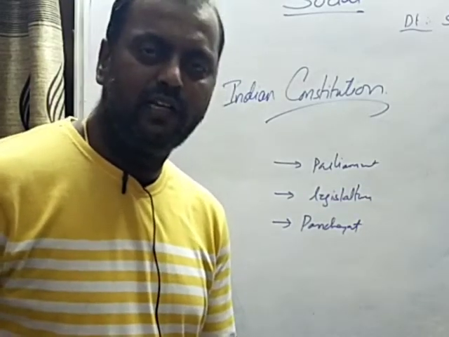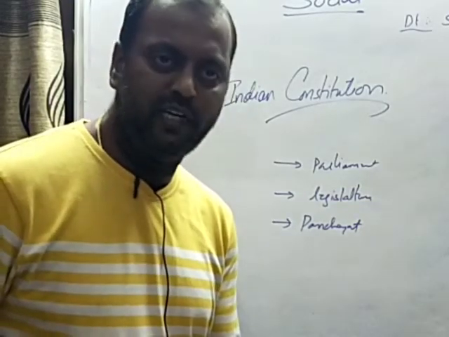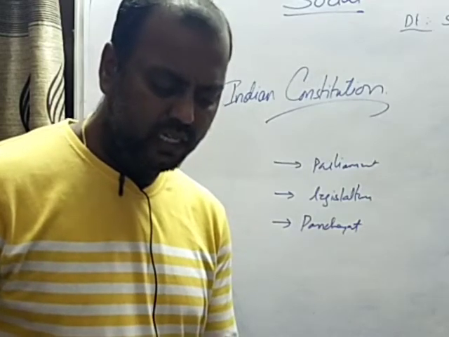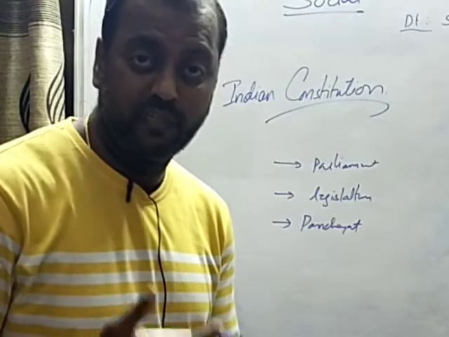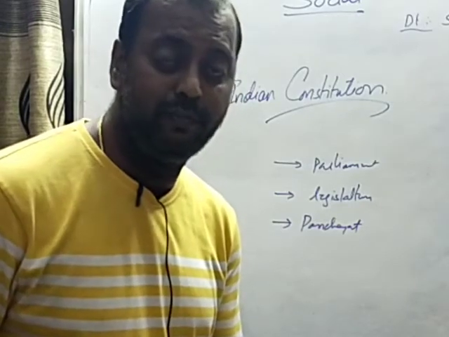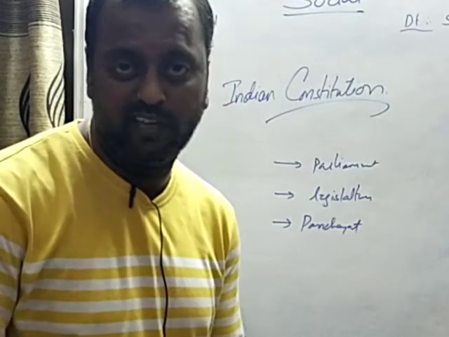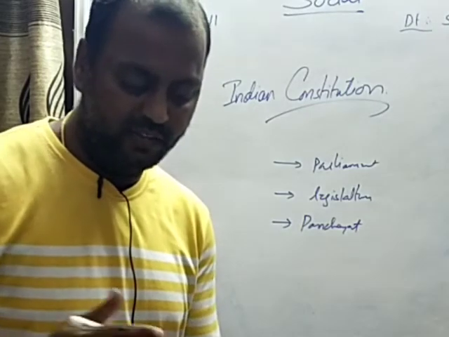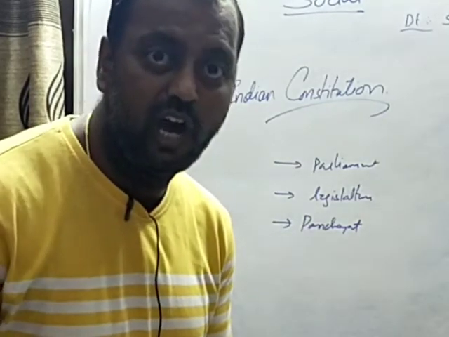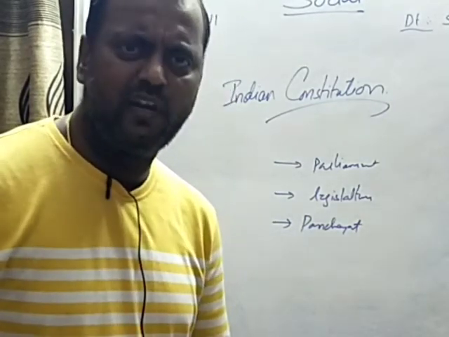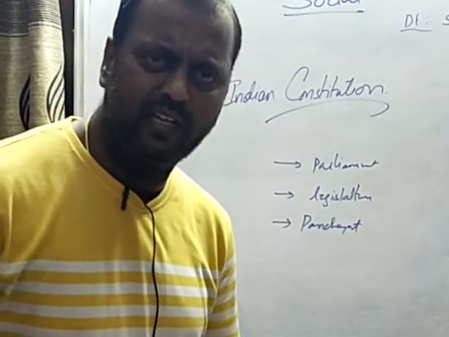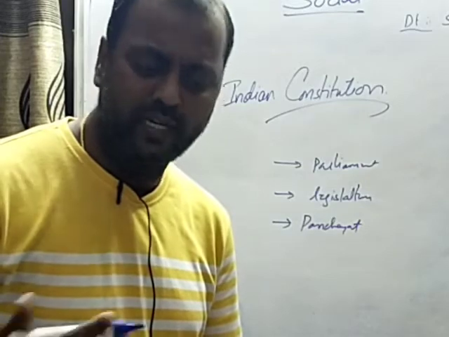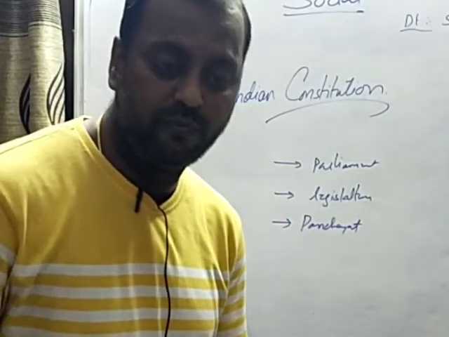In addition, the constitution also provided for some independent institutions to guard the constitution. That means to protect the constitution, some independent institutional arrangements are also made. For example, these include the judiciary, the law courts, the Comptroller and Auditor General, who supervises the expenditure of the government, and the Election Commission, who conducts free and fair elections.